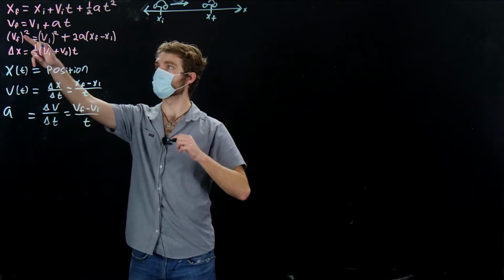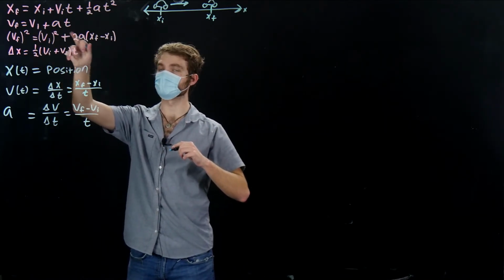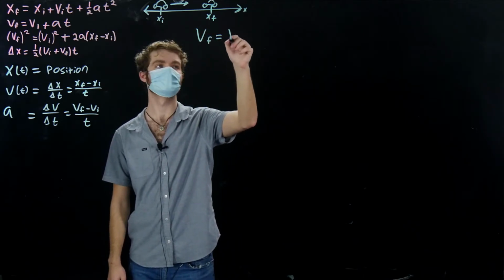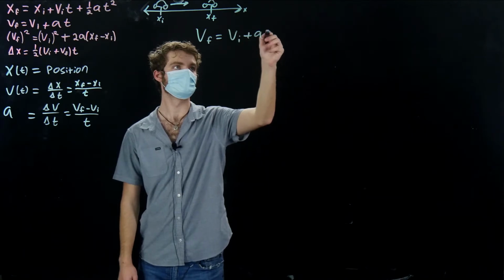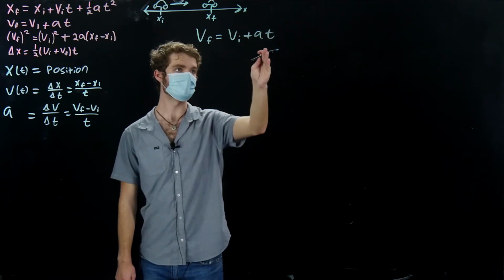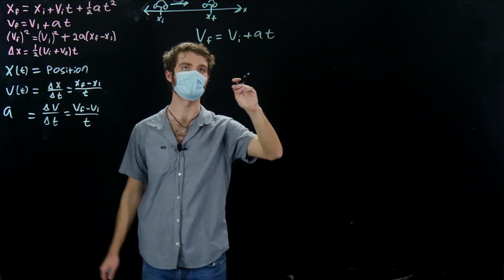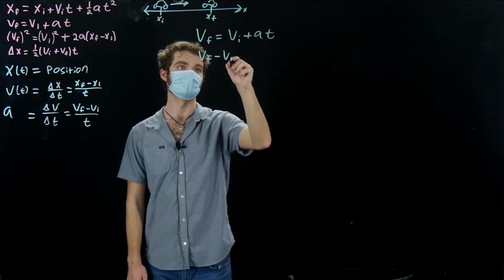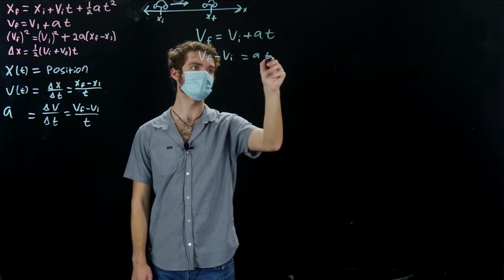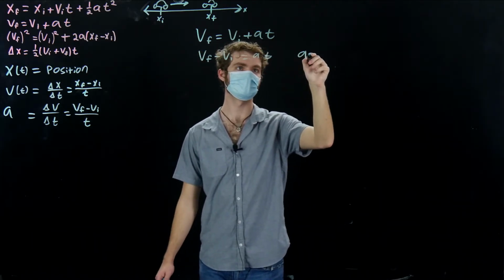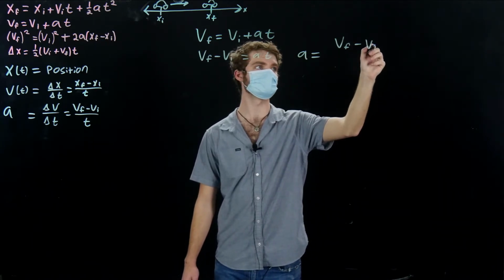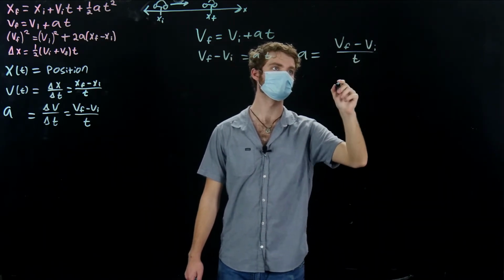Well, we have v final equals v initial plus at, and we can just solve it for acceleration and plug that into our kinematic equation. So v final minus v initial equals at, and that means a equals v final minus v initial over t.